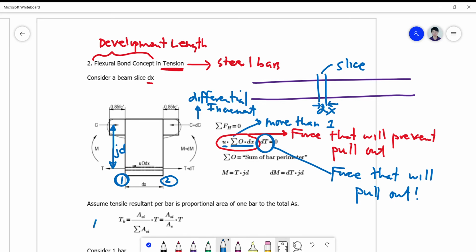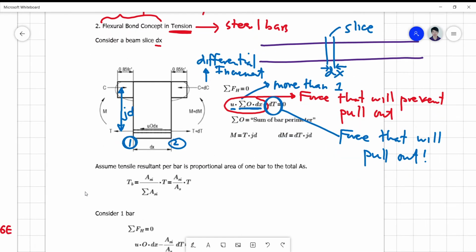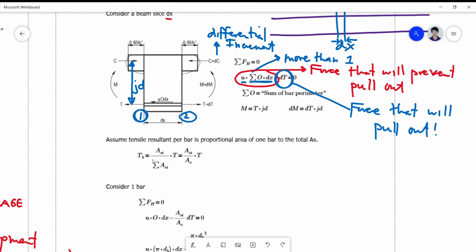But first, we look into what is Tb, the tension in the bar. This is for one bar, and it is simply equivalent to Asi over summation Asi times T. What does it mean?